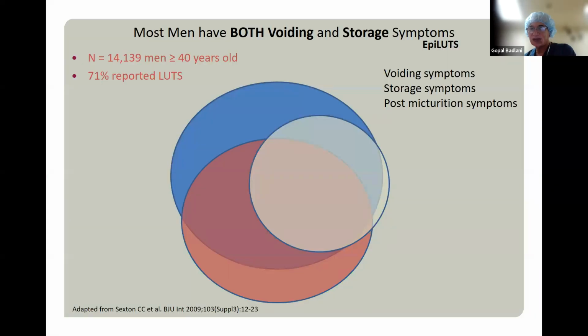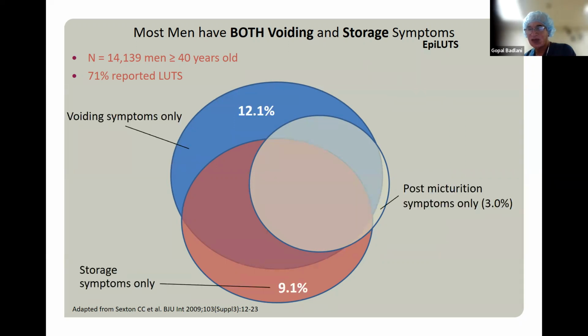So this is a big study, the EpiLUTS, trying to understand that over 71% of patients over the age of 40 reported lower urinary tract symptoms, and they can be voiding symptoms, which is my flow is slow or restricted, or storage symptoms, that I have to go frequently.